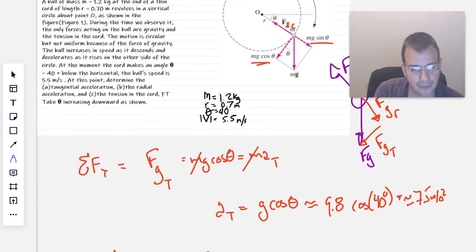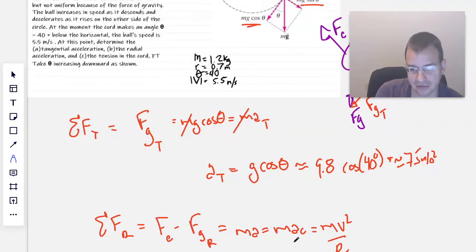So the sum of all forces is going to be equal to mass times acceleration, which in this case is mass times centripetal acceleration, because it's creating circular motion. And that's going to be mv squared over r. I wrote this little AC here for centripetal acceleration.